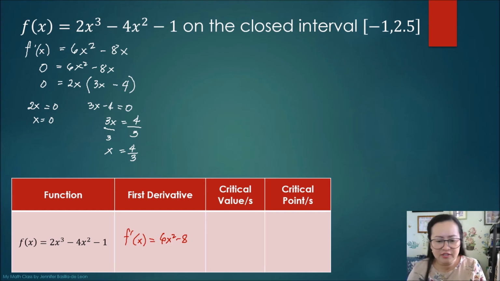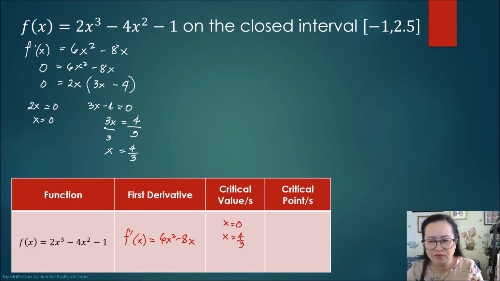So we fill in the needed data in the table. The first derivative of the function is 6x squared minus 8x, and the critical values are x equals 0 and then 4/3. Now, since we are considering the function on the closed interval from negative 1 to 2.5, we consider the endpoints as critical values also.